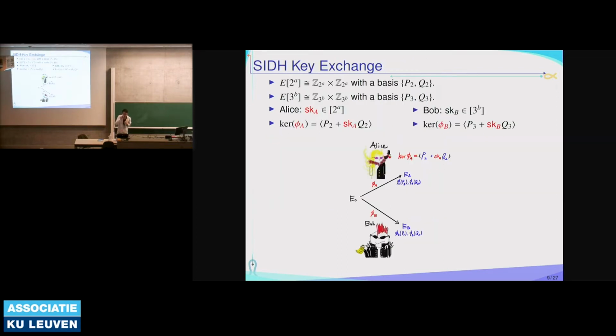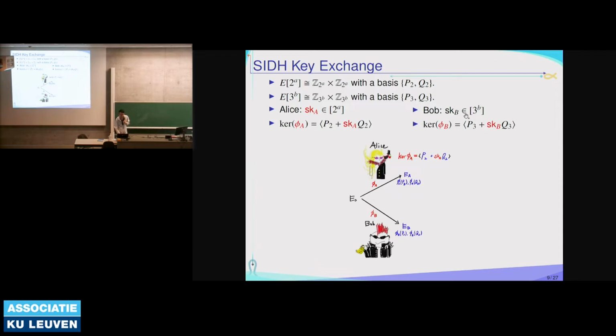And so this is the SIDH key exchange. The settings here are like this. For E0, as we mentioned before, the torsion subgroup is isomorphic to these two-dimensional groups, and we say it has basis P2 and Q2. And the 3^B torsion subgroup is also isomorphic to this, with basis P3 and Q3. Alice's secret key is a number between 0 and 2^A minus 1.